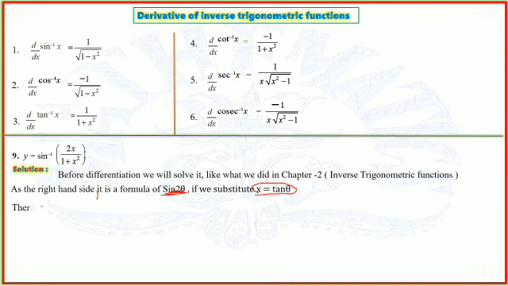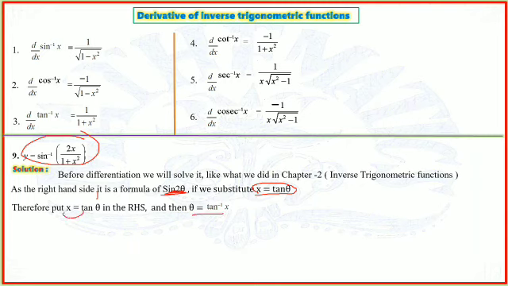So therefore, put x is equal to tan theta in the right hand side of this particular question, and then we will differentiate. Theta will be equal to tan inverse x, as tan inverse x is equal to theta, that we will be using at last.